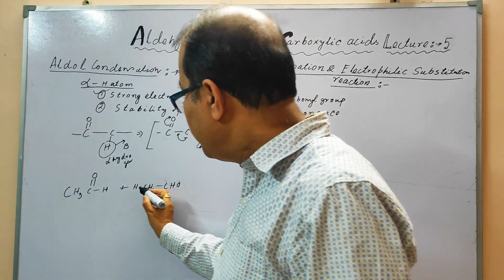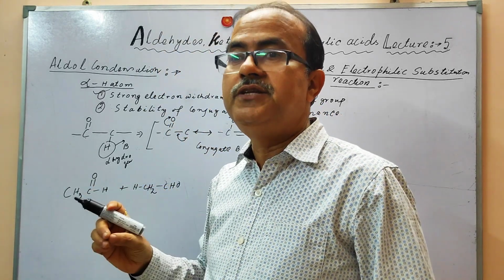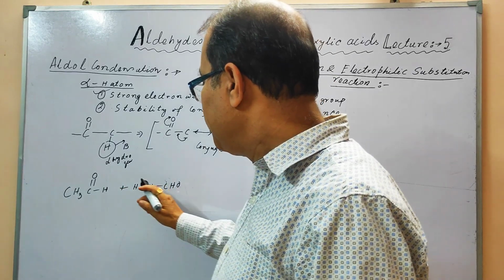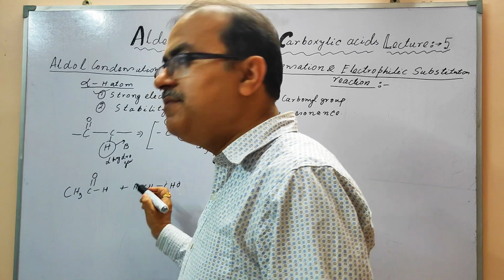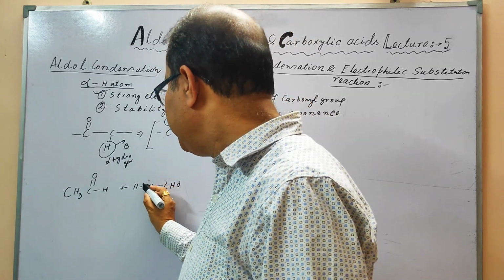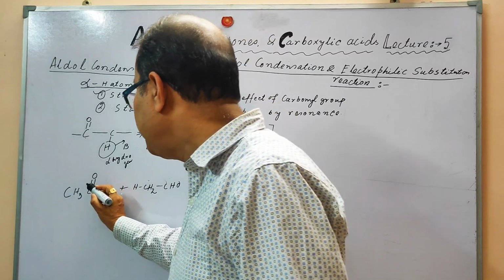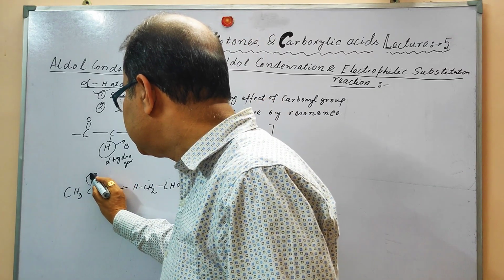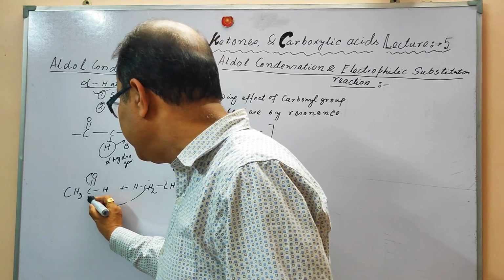The reaction will go when this hydrogen, due to its high acidity, comes off, and there is a negative charge. It becomes a nucleophile. When it is a nucleophile, the electrons will go and attack here.